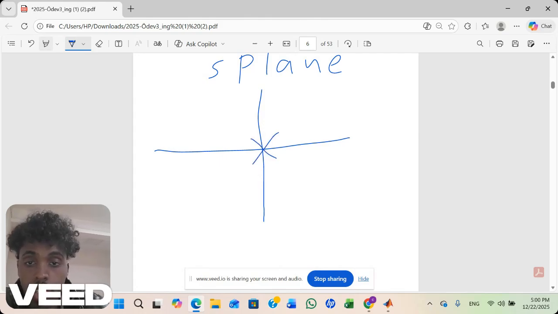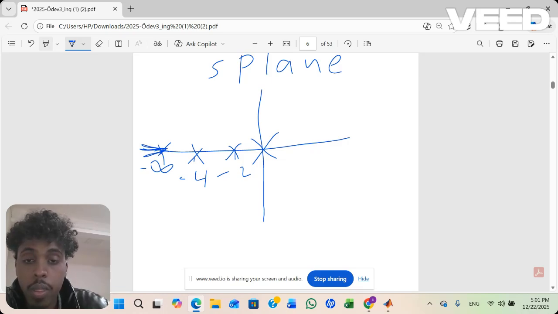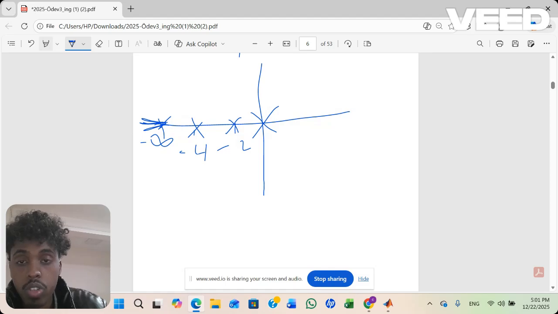Here is 0, here is minus 2, and here is minus 4. How many poles do we have? Three: 0, minus 2, and minus 4. So the branches go to infinity here, and here, and here.